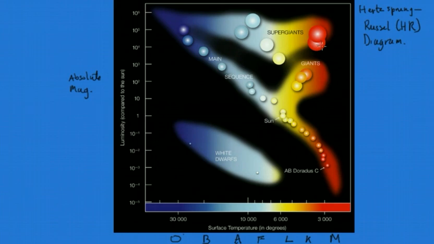That's Betelgeuse, and that is a super red giant, and that's going to explode one day into a supernova and look really quite impressive. Rigel, another famous star, nice bluey whitey star that you can see in the night sky, is over here. It's a bright, very hot main sequence star.